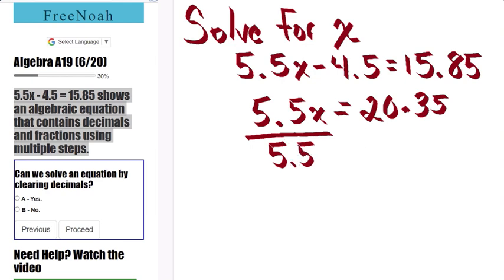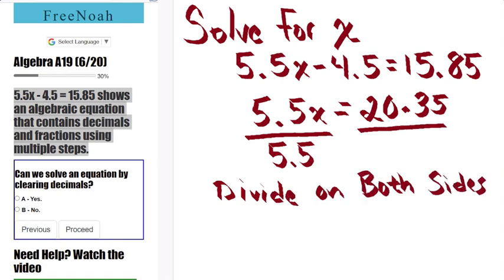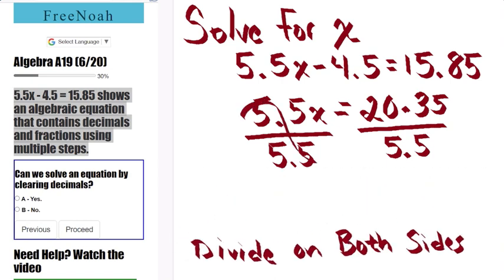That's going to cancel out there, isolating our x, because 5 and 5/10 divided by 5 and 5/10 equals 1.